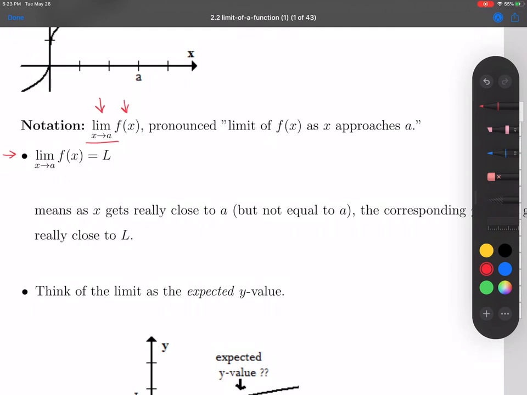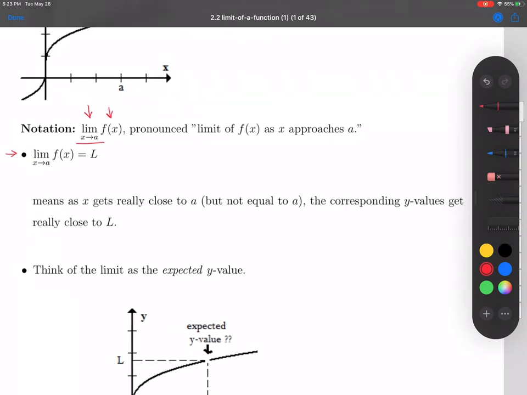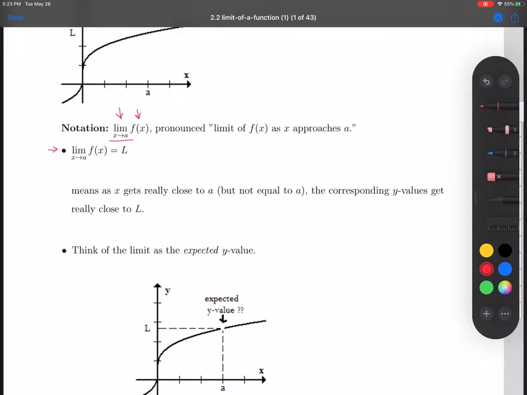It says limit of f of x as x approaches a is equal to L. What that means is that as my x values get really, really close to a, but not equal to it, the corresponding y values get really close to L.